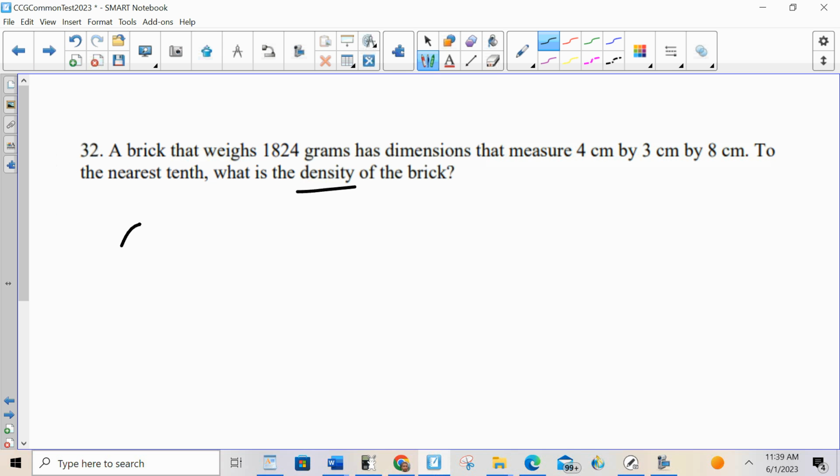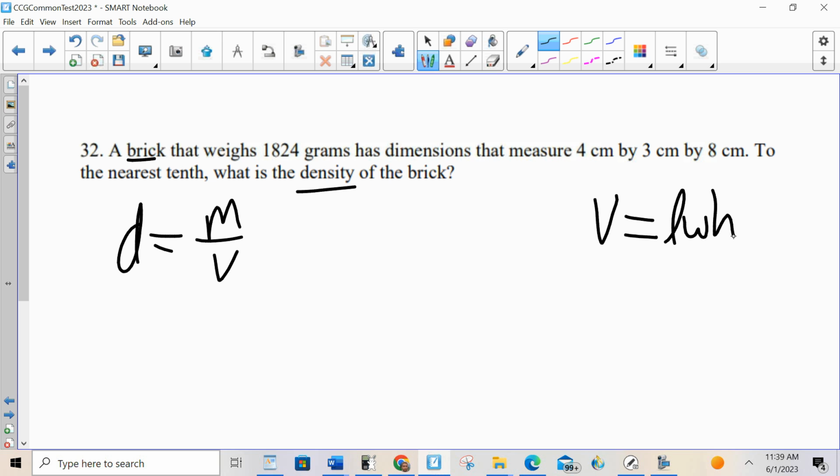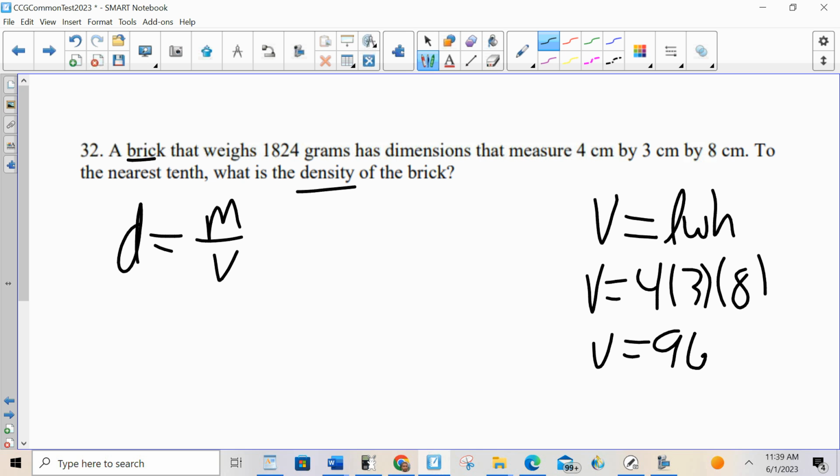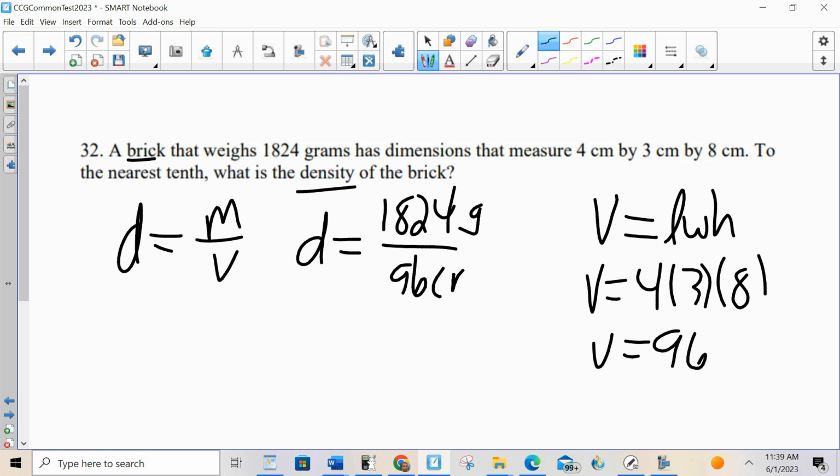Regular density equals mass over volume. Start by finding the volume. This is a rectangular prism, a brick. It's assumed to be a rectangular prism. Length times width times height. 4 times 3 times 8 is 96. So density equals mass, 1824 grams, over volume, 96 cubic centimeters.